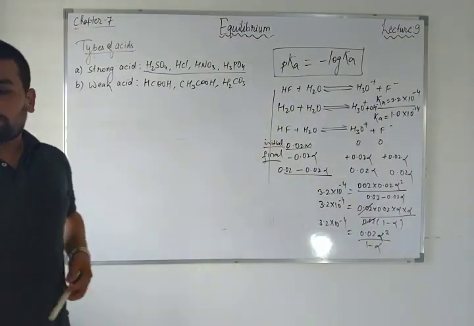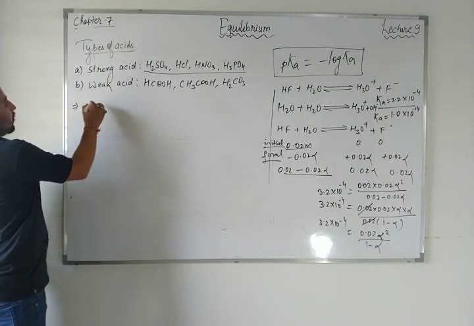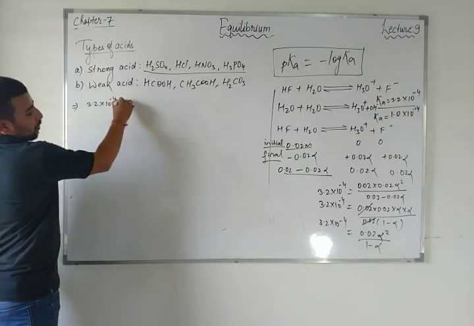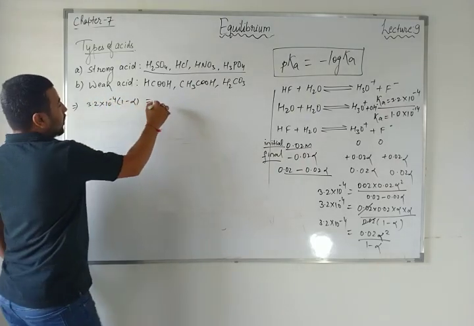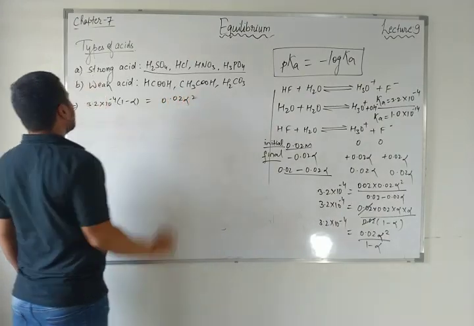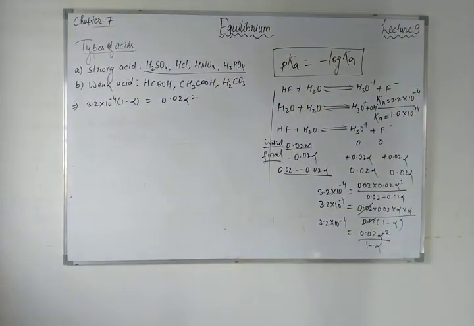Here you can see that the equation will be 3.2 into 10 to the power minus 4 into 1 minus alpha is equal to 0.02 alpha square. Is it right? Because at the last step, what we have to do is cross multiplication.